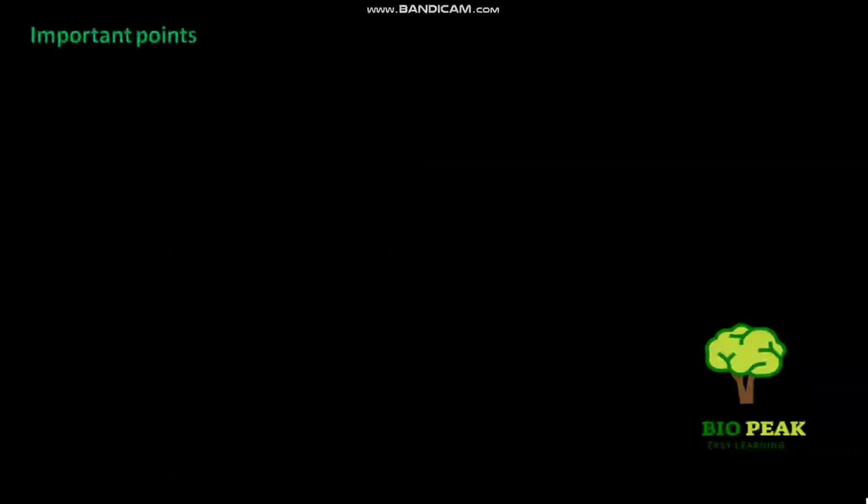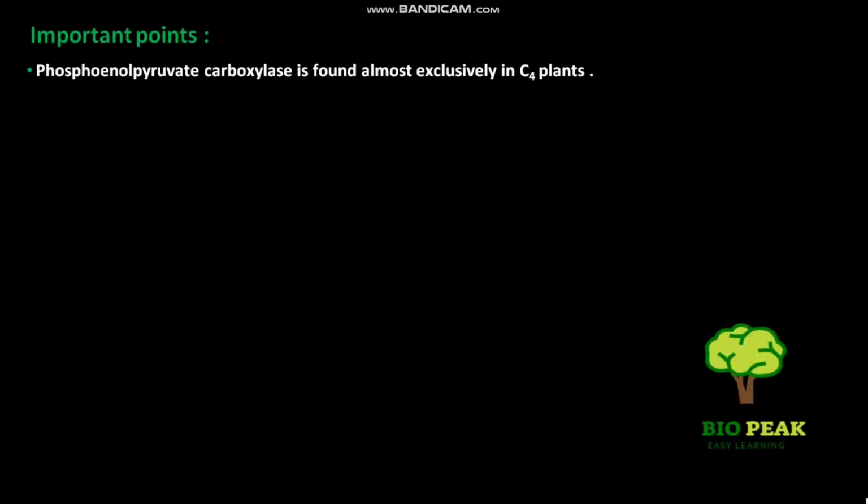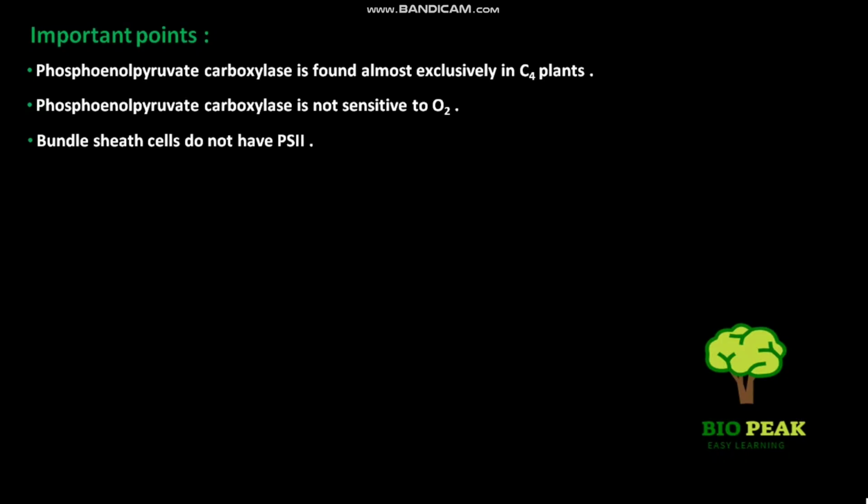Now some important points. Phosphoenol pyruvate carboxylase is found almost exclusively in C4 plants. Phosphoenol pyruvate carboxylase is not sensitive to O2. Bundle sheath cells do not have PS2.